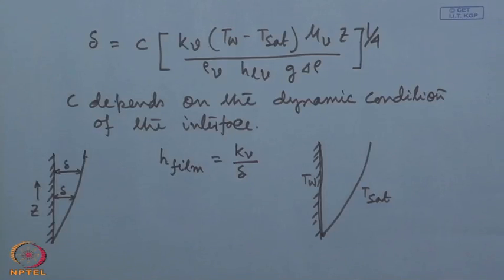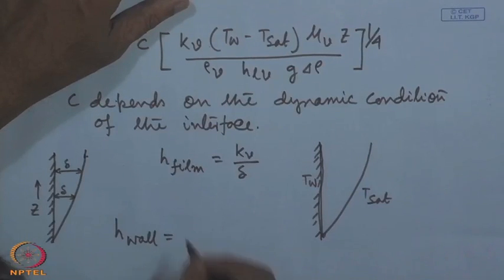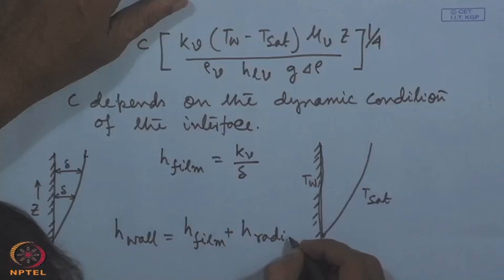But what is more important, the wall temperature is quite high, and at that large wall temperature, along with convection we also have radiation. So, to make a proper estimate of heat transfer from the surface, the wall heat transfer coefficient should be h film plus h radiation. Again, there are ways how one can do it.